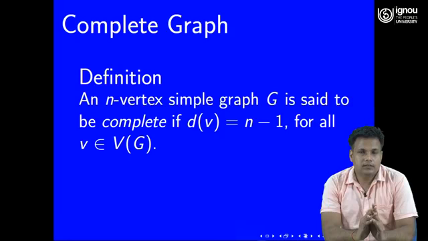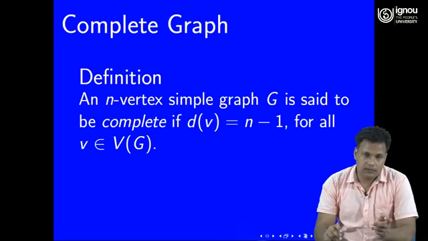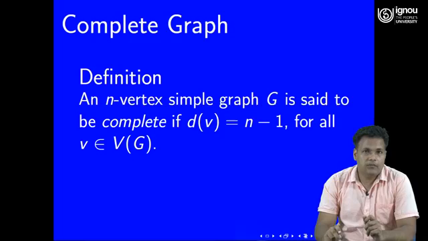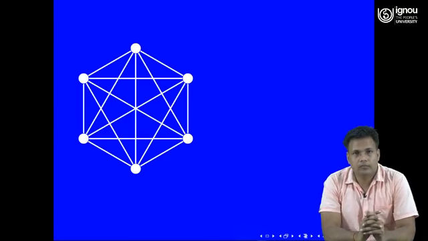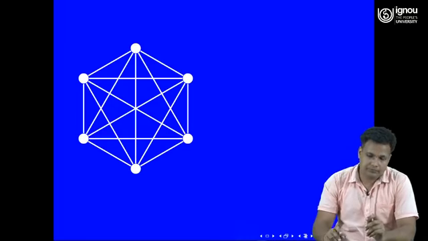That is, it contains the maximum number of edges. For example, look at this graph. You can see that every vertex is adjacent to every other. So this is a complete graph.